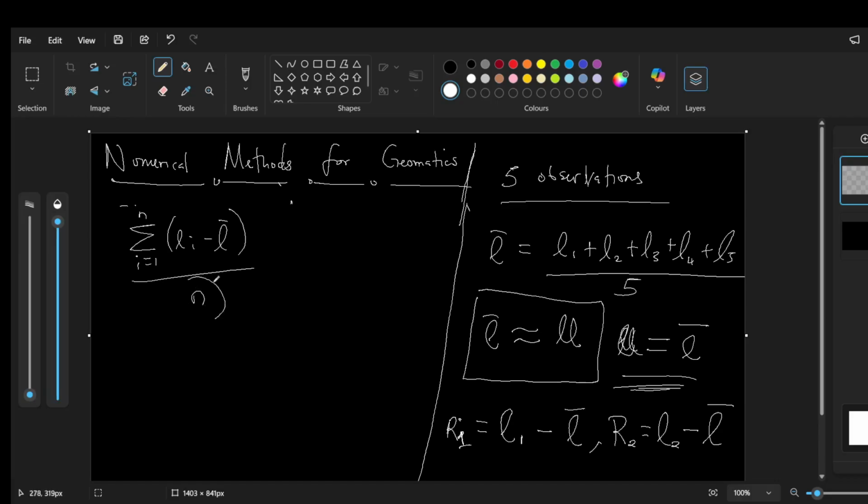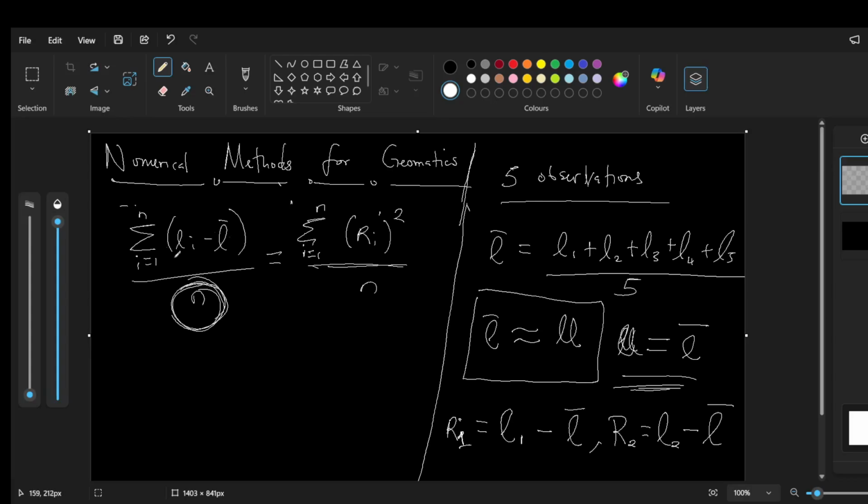This will very soon change to the degrees of freedom, but for now, let me just put it like so. You can also write this as the summation of ri squared over n. These two are the same.